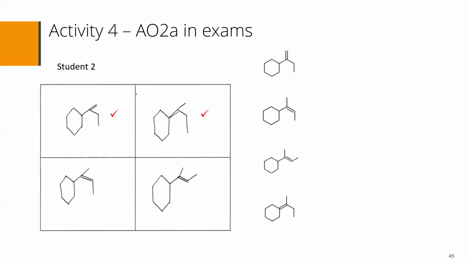That one is correct. Ignore the incorrect bond angles there, as long as the structure is unambiguous, it's fine. That one's correct. And that one's correct. So this candidate scores 4 marks. I just leave you to convince yourself that all of those are in fact correct.